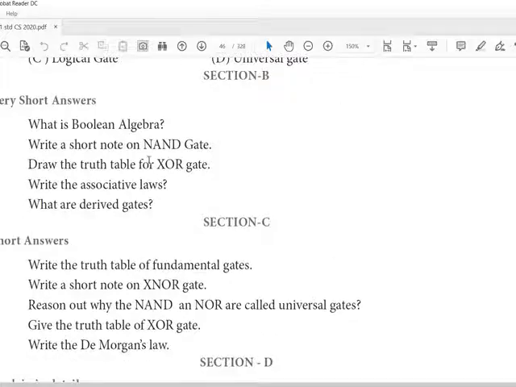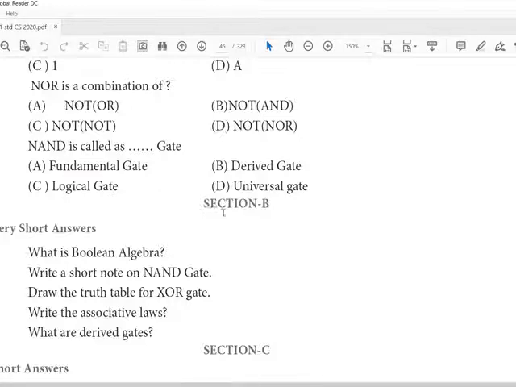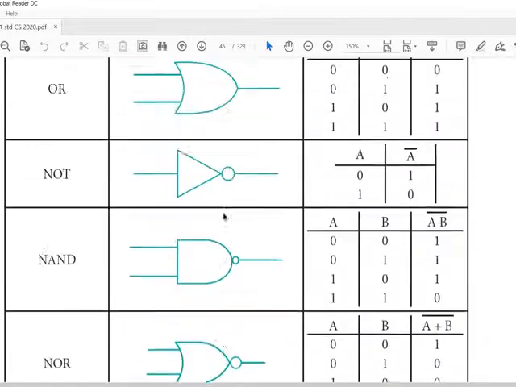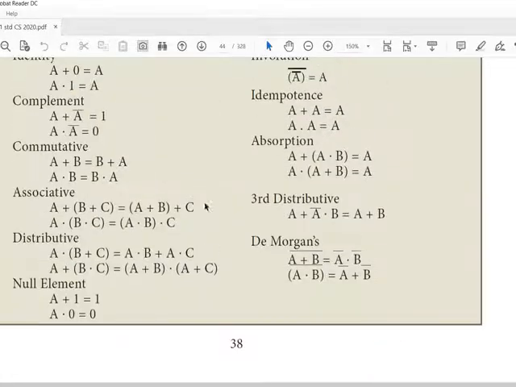So what is Boolean algebra? Write a short note on NAND gate, truth table for XOR, associative law. This associative law is given in the Boolean theory. That means A plus B plus C. If I first add B and C and then add with A, I get a number, for example 5.